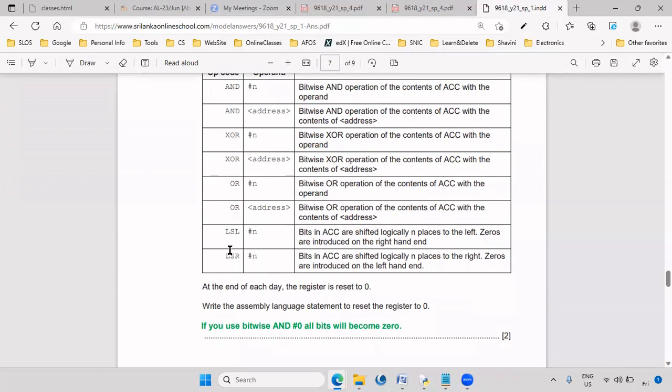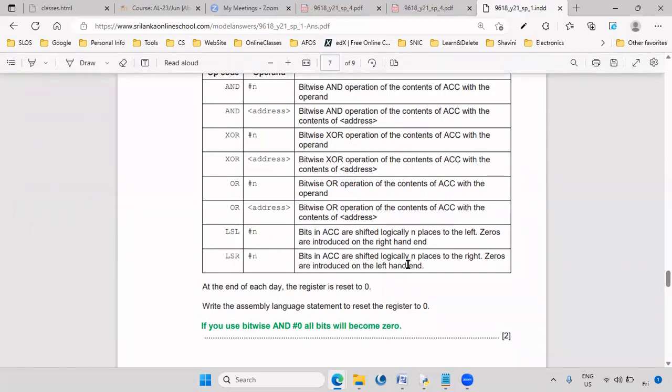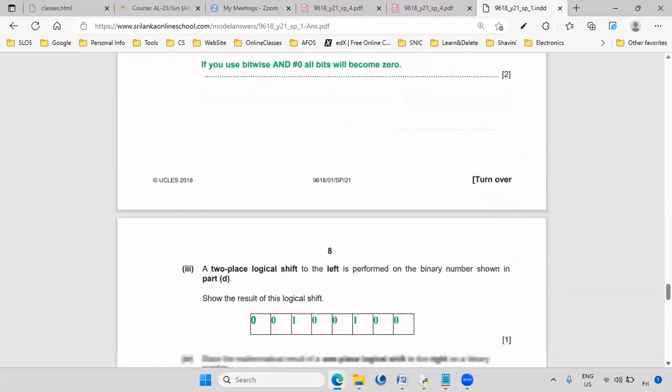LSL is logical shift left, LSR is logical shift right. So how can you make it 0? All the bits, irrespective of the number, the register to 0. If you use bitwise AND 0, all bits will become 0, because 0 AND 0 is 0, 1 AND 0 is also 0. So irrespective of the bits, the 0 will make it 0. So that's how you reset.